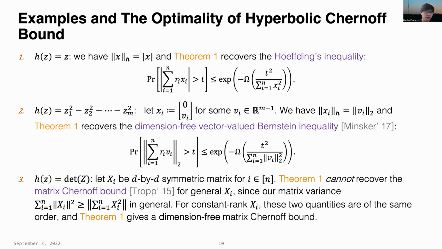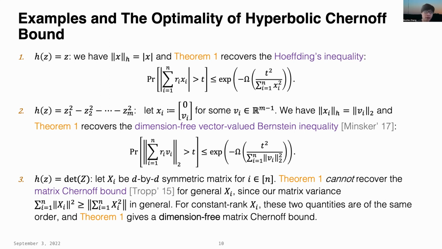The second example is when h(z) is the Lorentz polynomial, z_1 squared minus z_2 squared minus ... minus z_m squared. In this case, if we set x_i to be 0 concatenated with another vector v_i in R^{m-1}, then x_i's hyperbolic spectral norm is just the 2-norm of the vector v_i. And in this case, Theorem 1 recovers the dimension-free version of the vector-valued Bernstein inequality.